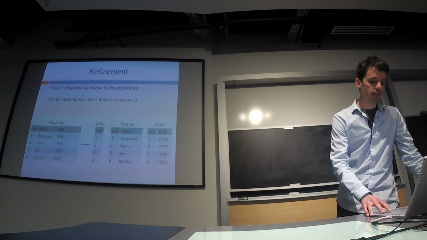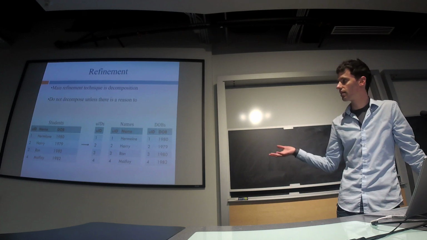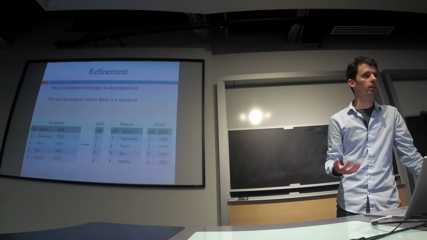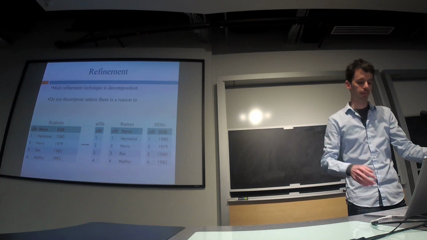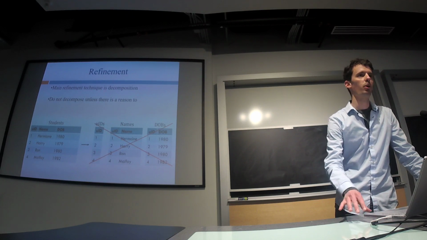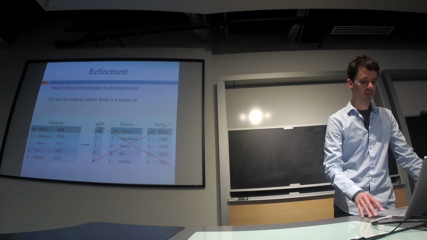But there is absolutely no reason to do that, because all of these things are directly related. Put them all in one table. So, don't decompose if there's no reason to. Do decompose if there is a reason to.